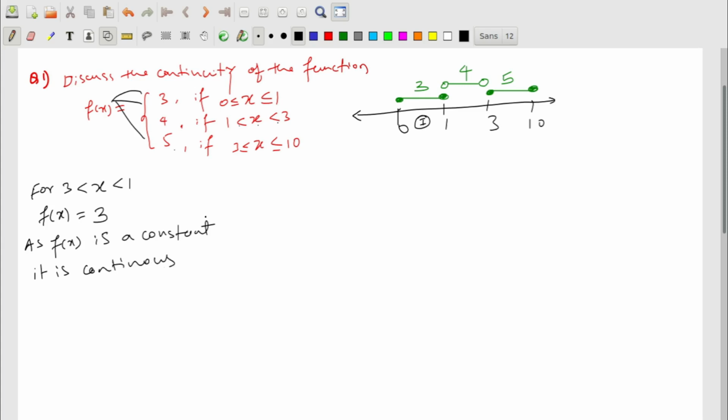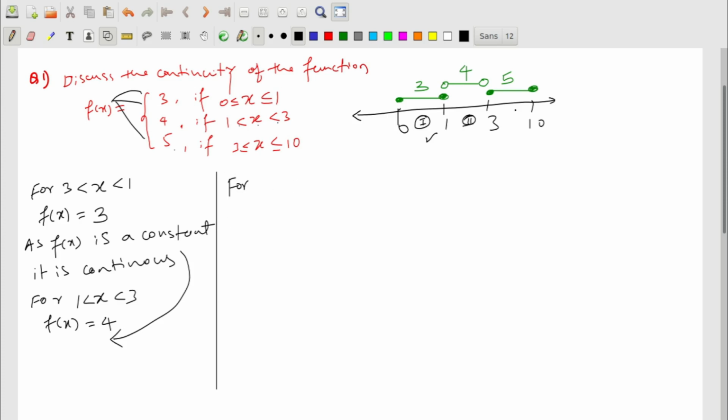Okay. Next, second region, that is 4. We are done with the first region. Let me take the second one, greater than 1, less than 3. For x greater than 1 and less than 3, f of x is 4. So again, the function is constant, so we just write the same sentence here. As f of x is a constant, it is a continuous function. So let me take the third region, x greater than 3 and less than 10.